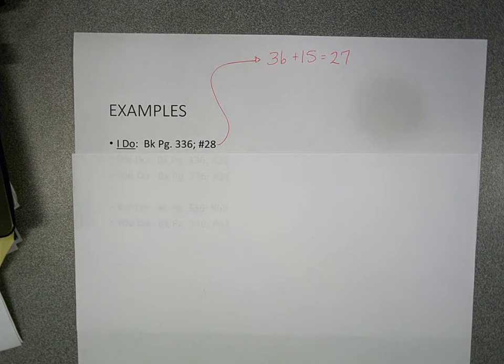This is one of those I do ones, meaning I just want you to watch. I'll let you copy all the work and answer down in a second. So put your pencil down for a second.